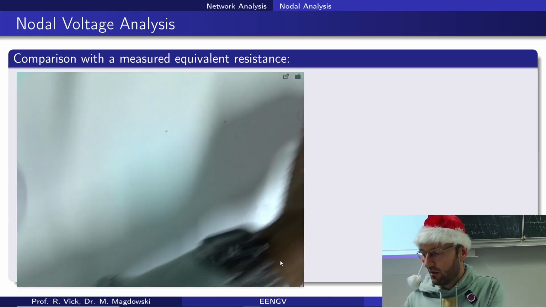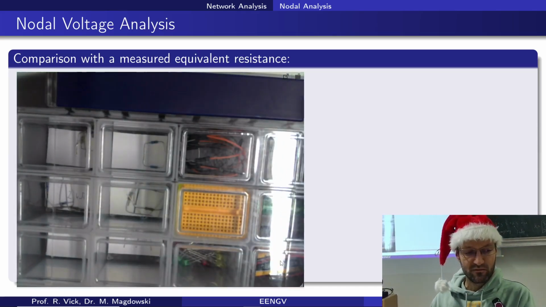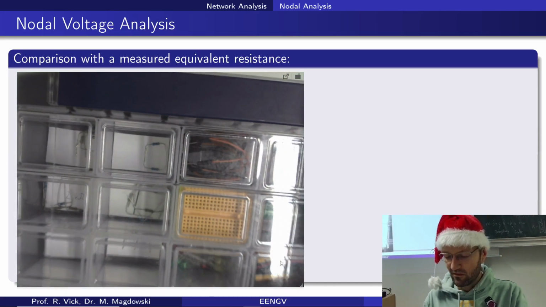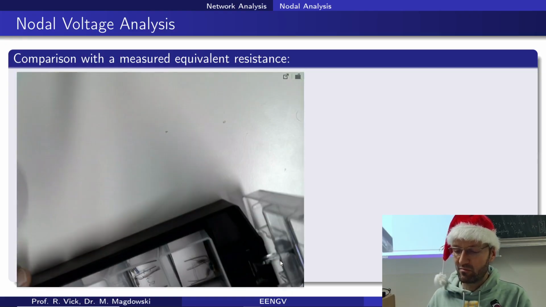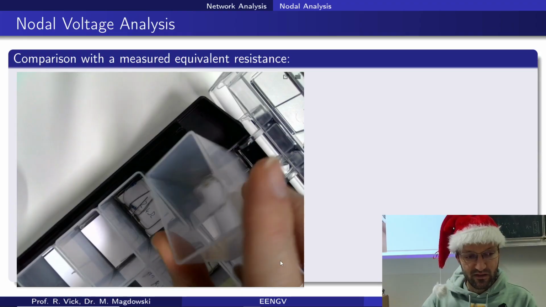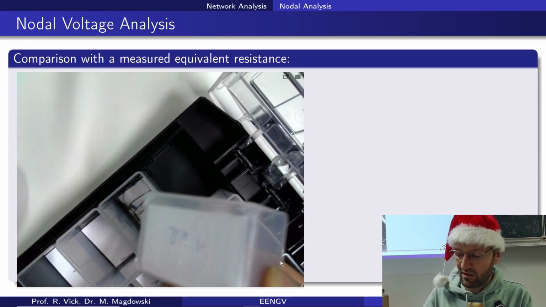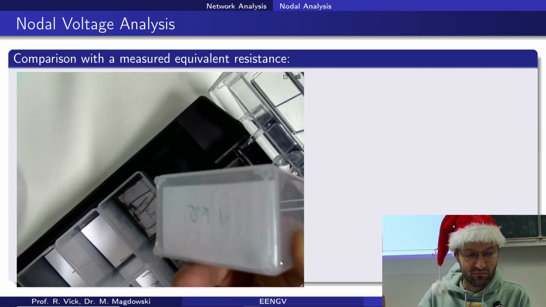Okay. So I can measure resistance, and then I've brought some box here, one of my many experimental boxes. And inside this box, as you can see, I have something that on the other side shows 1 kilo ohm.